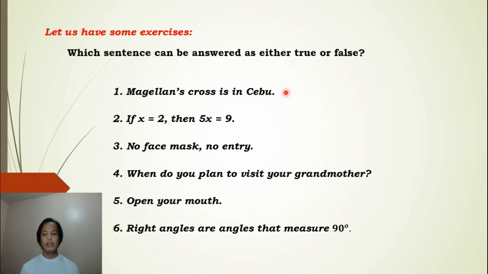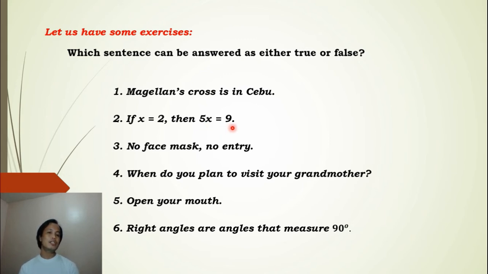Then number 2, if x is equal to 2, then 5x is equal to 9. This is a false statement because if x is equal to 2, then 5x should be equal to 10, not 9. Because when we multiply, 5 times 2 is equal to 10. So this is a false statement.